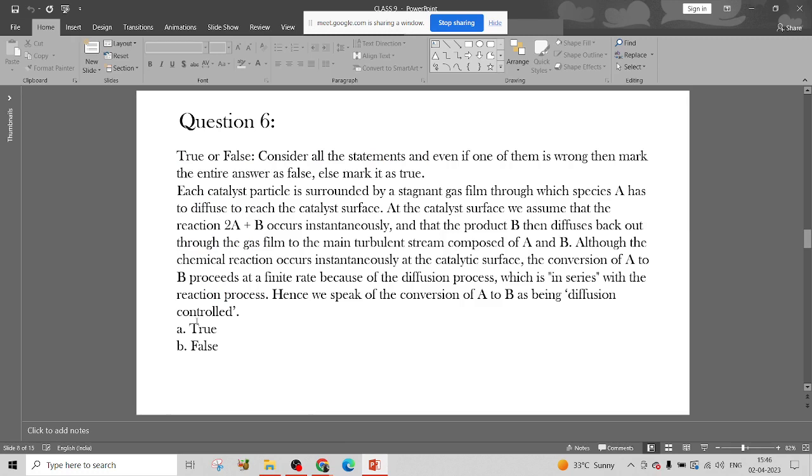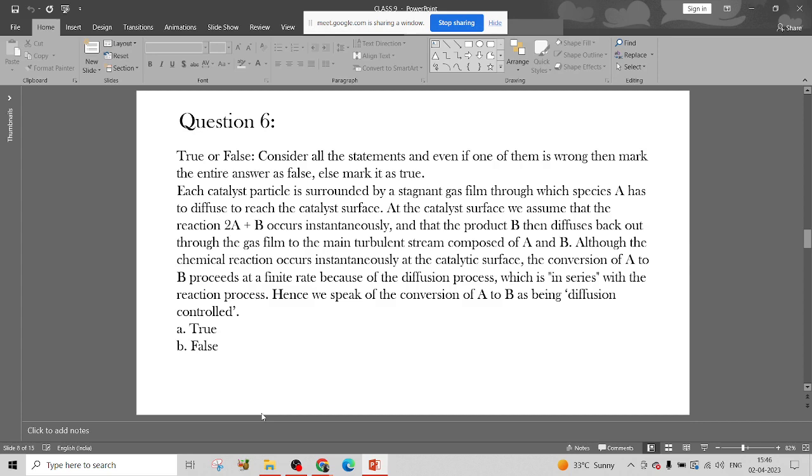Consider all the statements; even if one of them is wrong, then mark the entire answer as wrong, else mark it as true. In practice, each catalyst particle is surrounded by a stagnant gas film through which the species A has to diffuse to reach the catalyst surface.